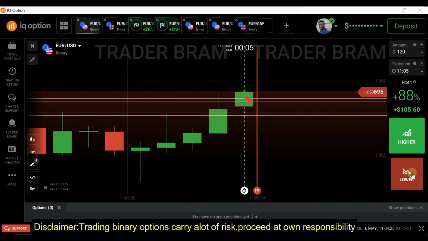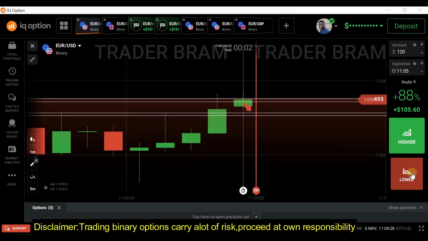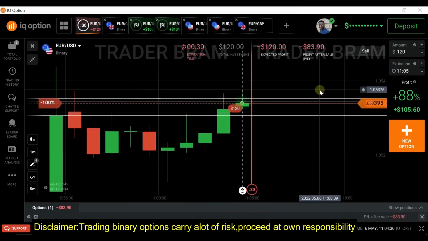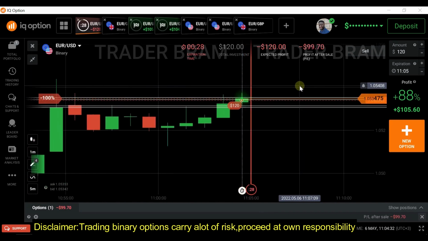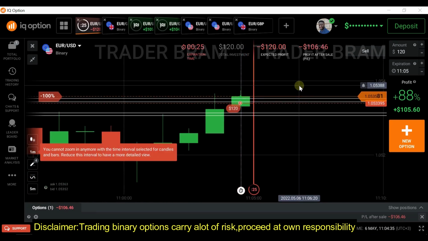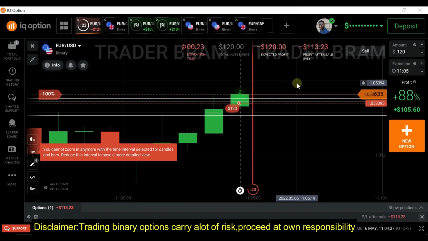I need a rejection to take a trade. I've seen a rejection, so I expect the market to close below my entry point. But let's wait.